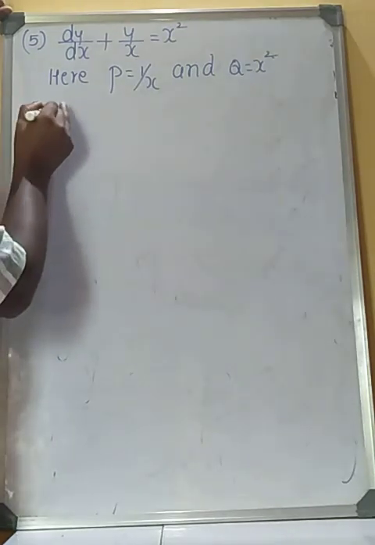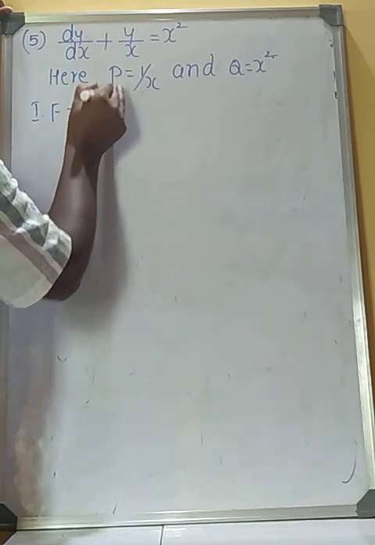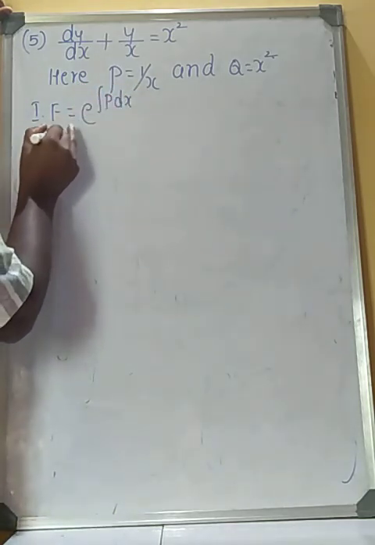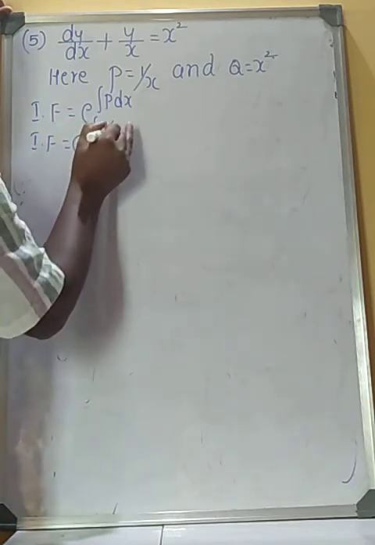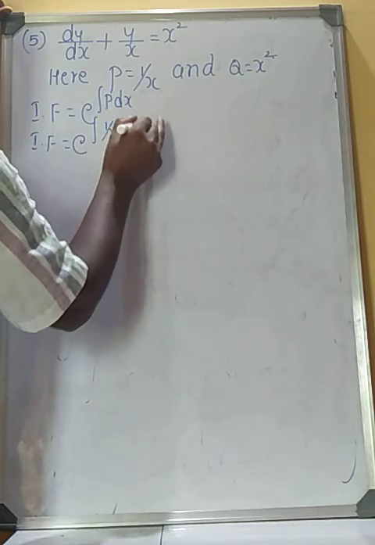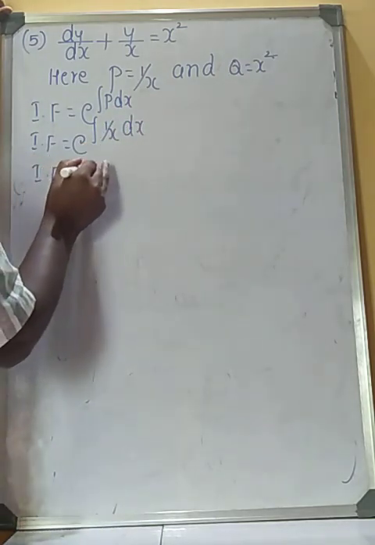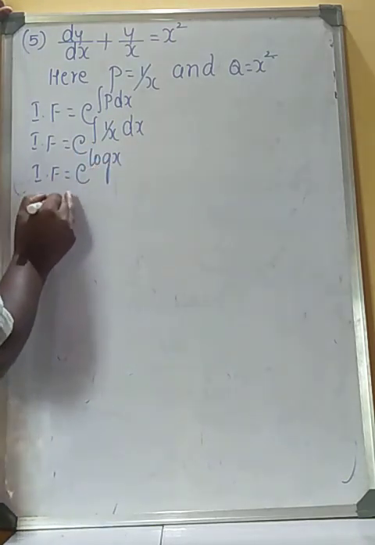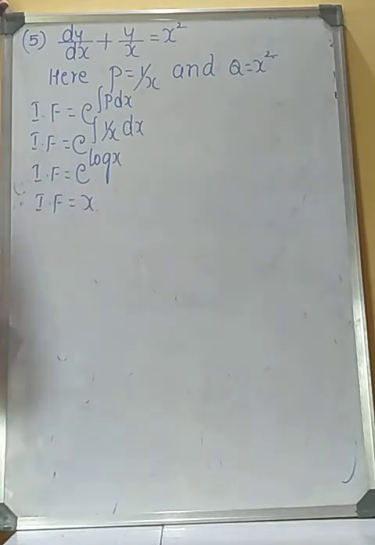The integrating factor is equal to e power integral of p dx. Therefore, integrating factor is equal to e power integral of 1 by x dx, which is e power log x. Therefore, integrating factor is equal to x.